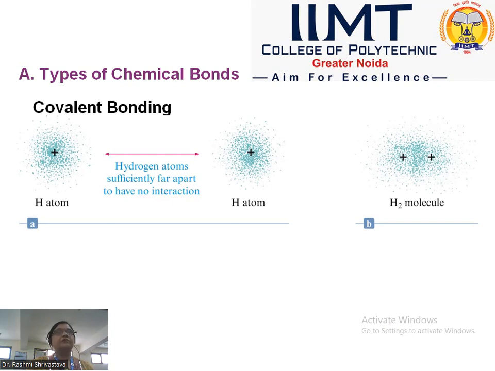Identical atoms means the same atoms, and when they form covalent bonding, there is sharing of one or more electrons between the two atoms. As we can see, two hydrogen atoms form covalent bonding, and this type of bonding takes place between identical atoms.